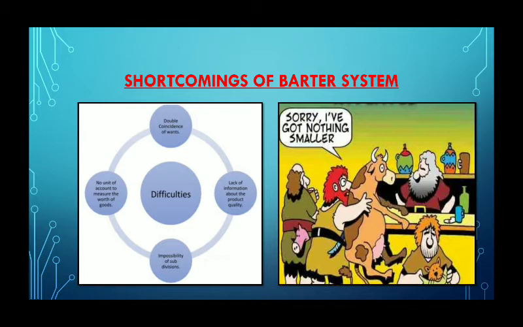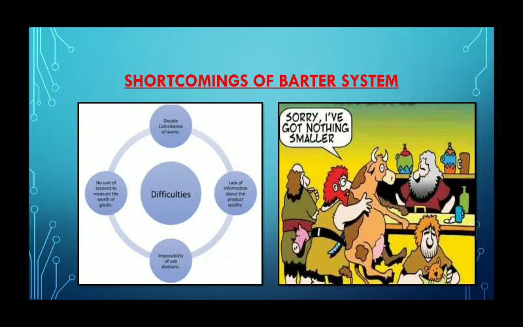For example, if I am here to exchange my wheat and I want pulses, but the person who can give me pulses may not need my wheat, he may need rice. So in that condition, there is requirement of double coincidence. Each and every person should need the commodity which the other can offer. And that was the problem of double coincidence of wants.